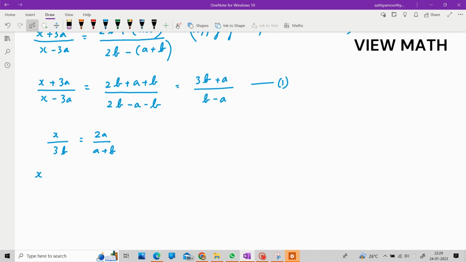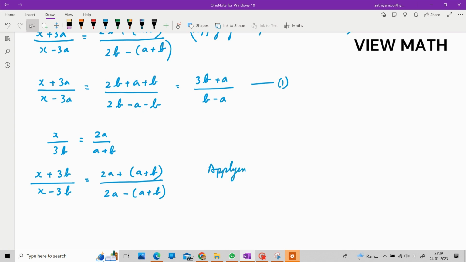So I apply again: (x + 3b)/(x - 3b) is equal to (2a + a + b)/(2a - a - b). Applying componendo and dividendo property.